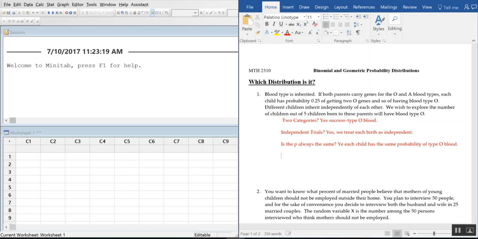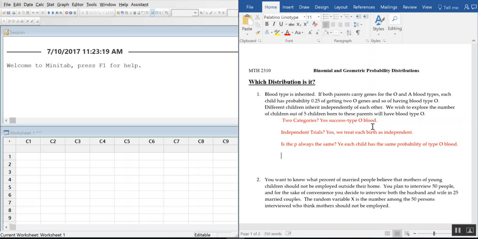All right. So then the last thing we want to ask ourselves is, is there a fixed number of trials? Remember, number of trials is n. This isn't really a requirement, but this alone is going to tell you whether or not you're dealing with a binomial. Remember, binomial is succeeding a certain number of times within a certain number of trials. You know your number of trials when you begin.